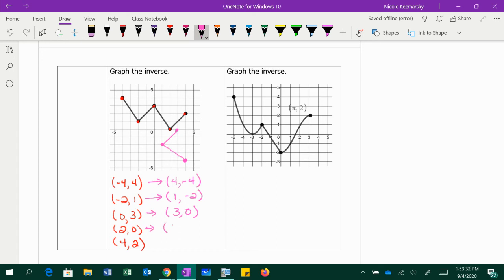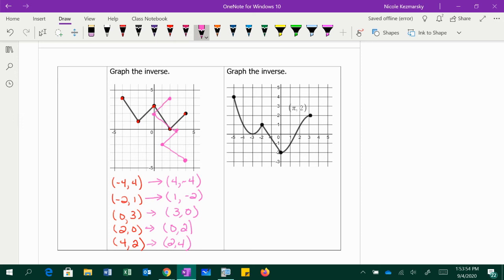Then 2, 0 becomes 0, 2. And that's right here. And I will connect the dots. And then 2, 4. So over 2, up 1, 2, 3, 4, and connect the dots.